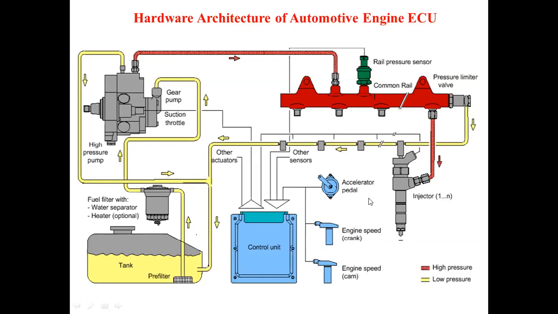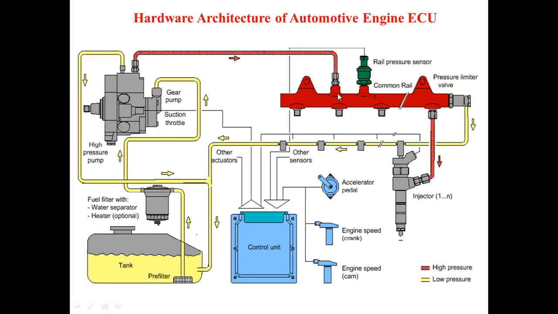This red line indicates the high pressure line, whereas this yellow line indicates the low pressure line. From the fuel tank to the gear pump, you are observing the low pressure side. In the gear pump you are increasing the pressure of the fuel, and that pressurized fuel you are supplying to the common rail.